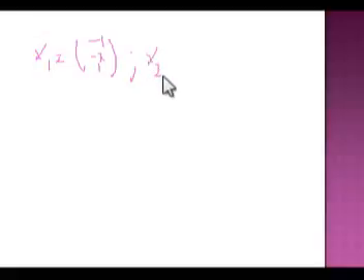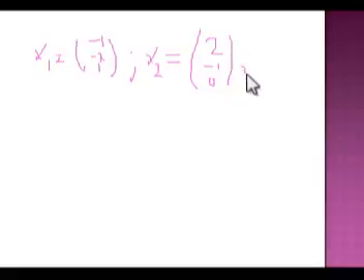X2 will be 2, minus 1, 0, and the third eigenvector will be 3, 0, 1.